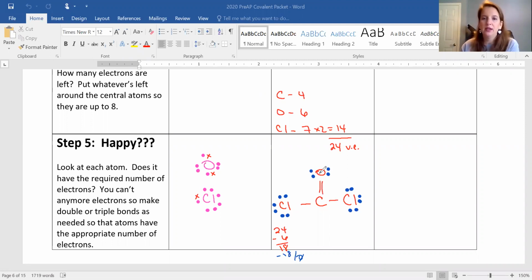So now the carbon still has 2, 4, 6, 8 because it has a double bond, and the chlorines each have 2, 4, 6, 8 electrons around them. And the carbon has 2, 4, 6, 8 electrons around it. So everything is happy. Everything has its 8 valence electrons. We're good to go.